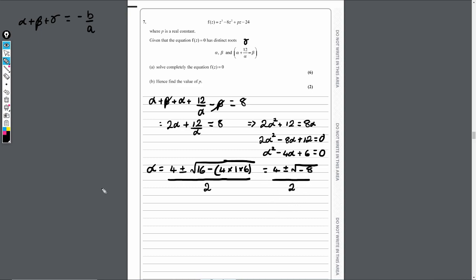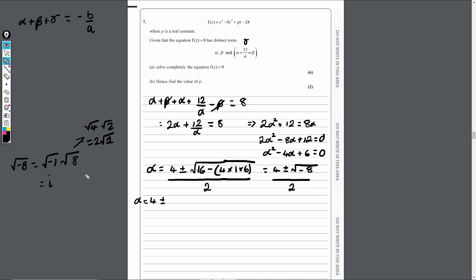Okay, keep simplifying. This is alpha still, 4 plus or minus the square root of minus 8. If you're unsure how to simplify this, you can split it up into 2 square roots, the square root of minus 1 and the square root of 8. The square root of minus 1 is i. The square root of 8 would be root 4 times root 2, which is equal to 2 root 2.